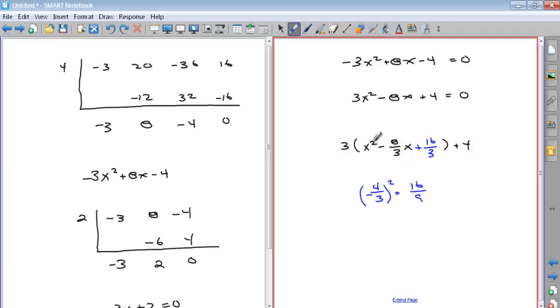If you take 16 ninths times 3, the 3 cancels out, and so what you're really doing is adding 16 thirds, but I need to subtract 16 thirds to balance everything out, because I added it and I have to subtract it. Now you can collapse the thing, and it's going to be negative 4 thirds. So it's x minus 4 thirds squared.